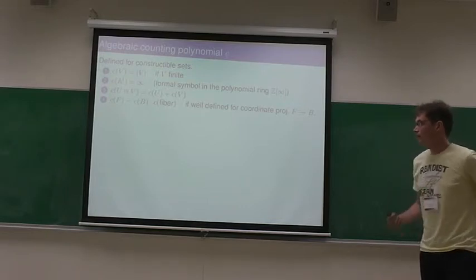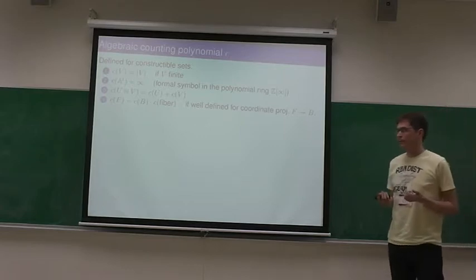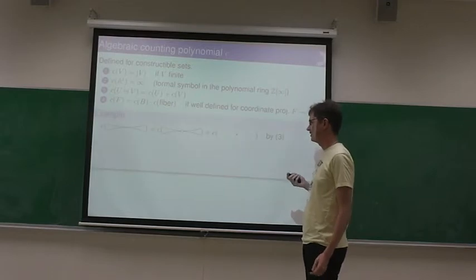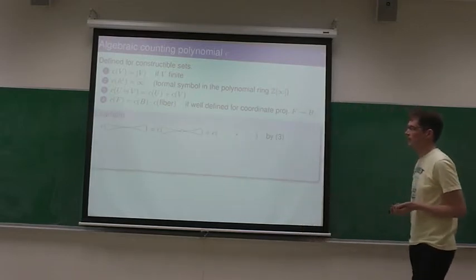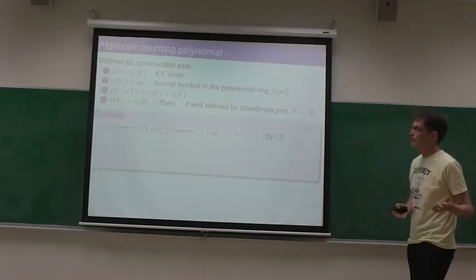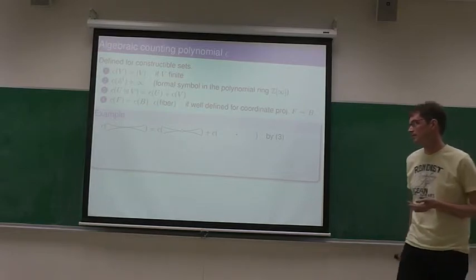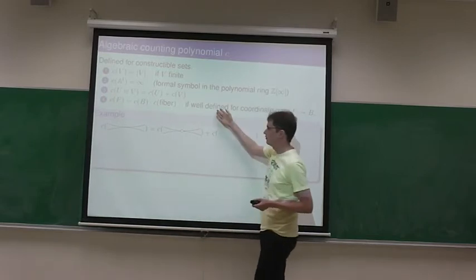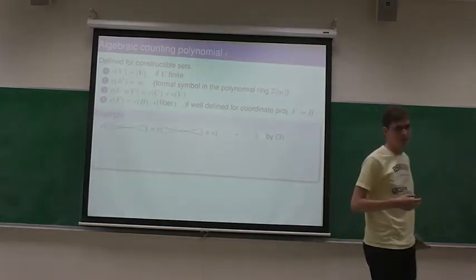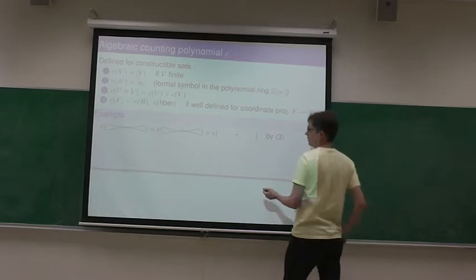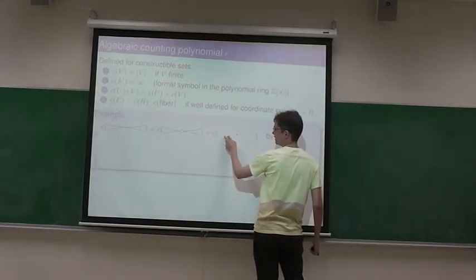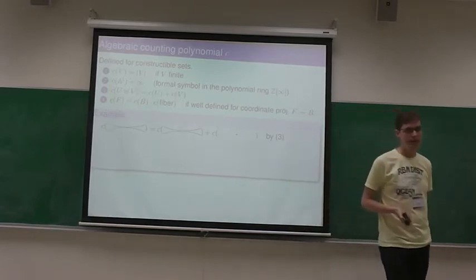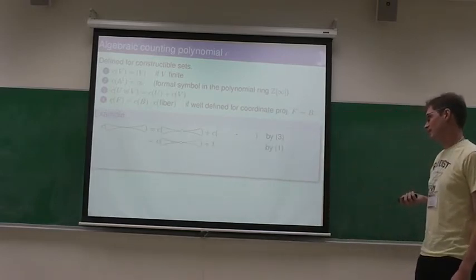Okay. So for the fourth axiom, you can also think about unramified covers. I think this is just an easy example. I want to show you how you compute the algebraic counting polynomial and what it means. If you have a ramified cover here, then for the fourth axiom, you need to take out the ramification point. So by the third axiom, you can just write it as a sum of the curve without the point and the point itself. The counting polynomial of a point is 1.